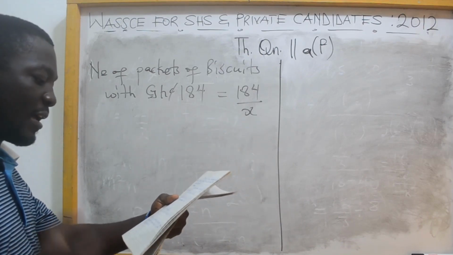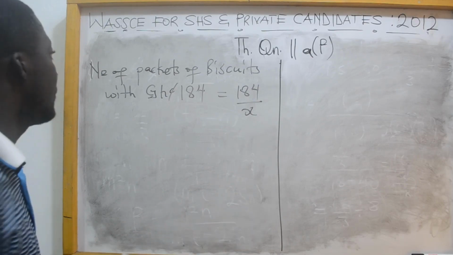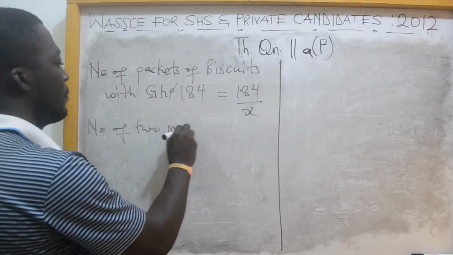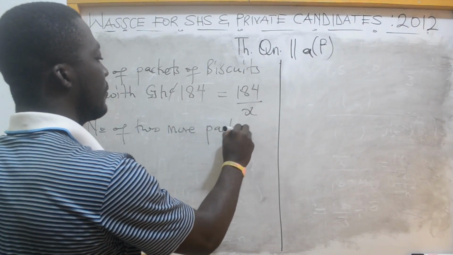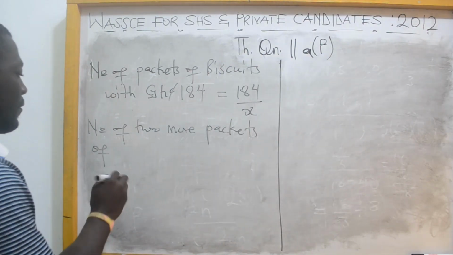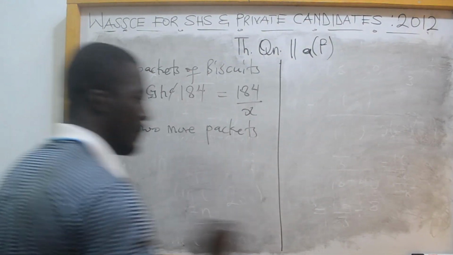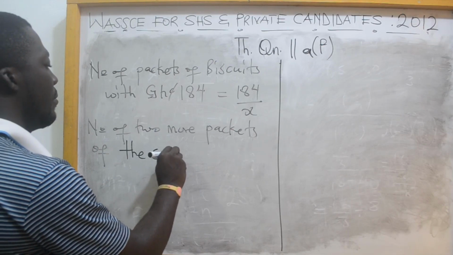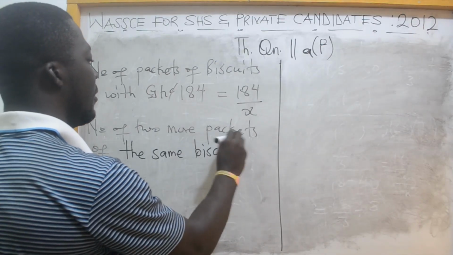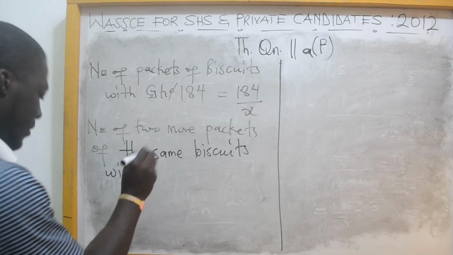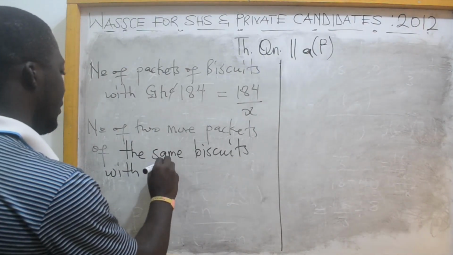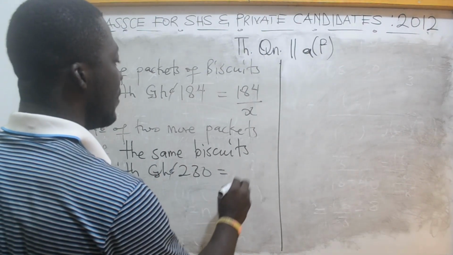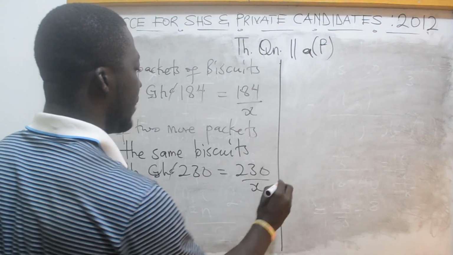And it continues, if I can buy 2 more packets of the same biscuits, so the number of 2 more packets of the same biscuits with the amount we are given, 230 Ghana cedis, will be 230 divided by x.